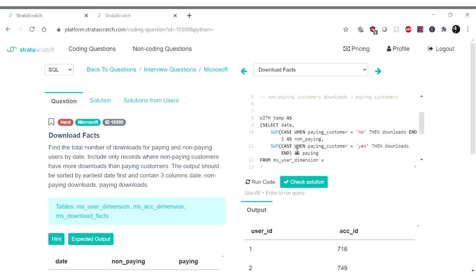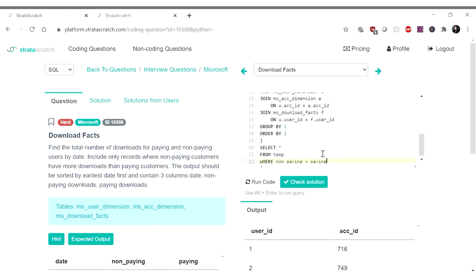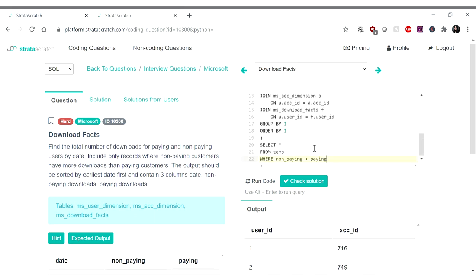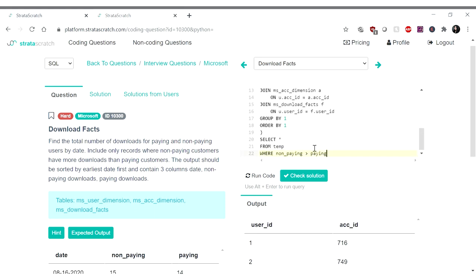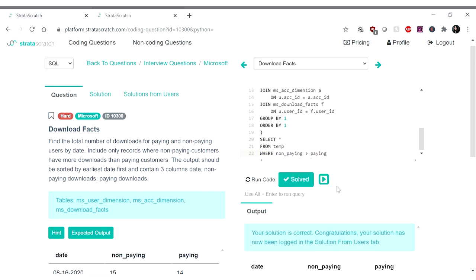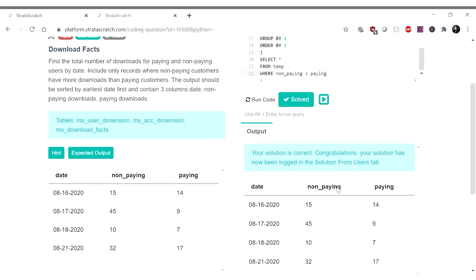Okay, we're finding the sum of it, and then we're also finding the sum of case when paying customer is equal to yes, then downloads. Cool. Okay, I think this should be correct. Shall we check the solutions? Alright. Okay. Yay! We got it right.